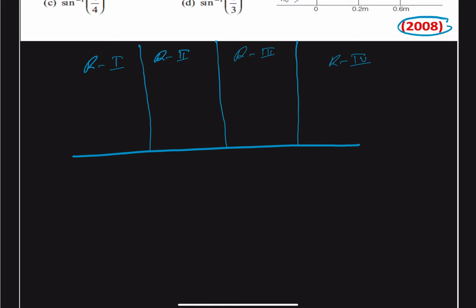The refractive indices are given as n0, n0 by 2, n0 by 6, and n0 by 8. And the first angle is given as theta. That's the angle of incidence. The ray of light moves in this direction, and from here also it moves in this direction, and ultimately at this particular instant it should not be entering region 4, and it tries to move across like this.